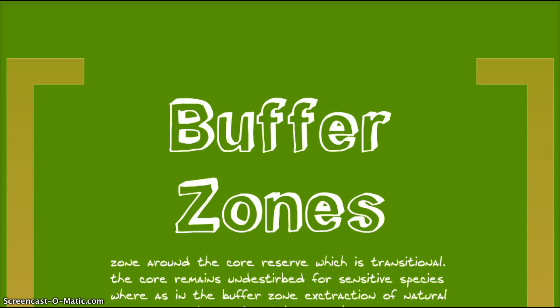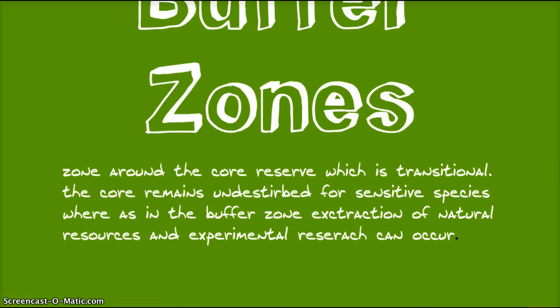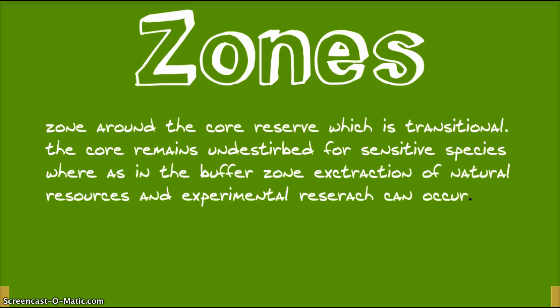We also want to create these buffer zones. So these are zones around a core reserve. So if we have this large area that we're preserving, we want to have a buffer zone, which is like a transitional area that keeps the majority of humans out so that we're not disturbing it.